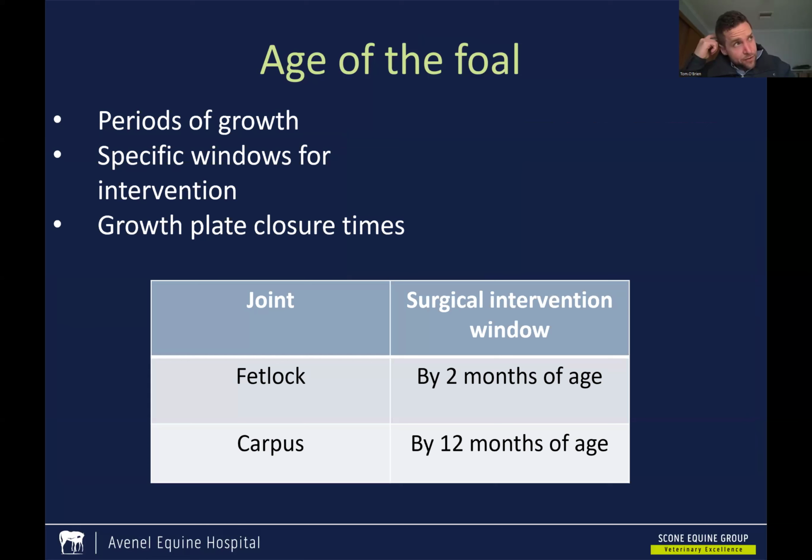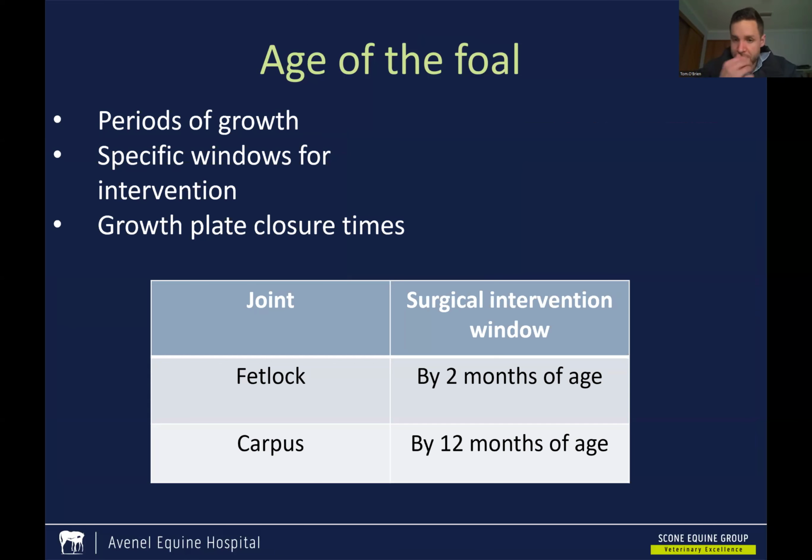But the age of the foal is also important because we only have certain periods that we can complete surgery, because the whole point of surgery is to take advantage of growth across the growth plate, but the growth plate is only active to a certain degree of time.